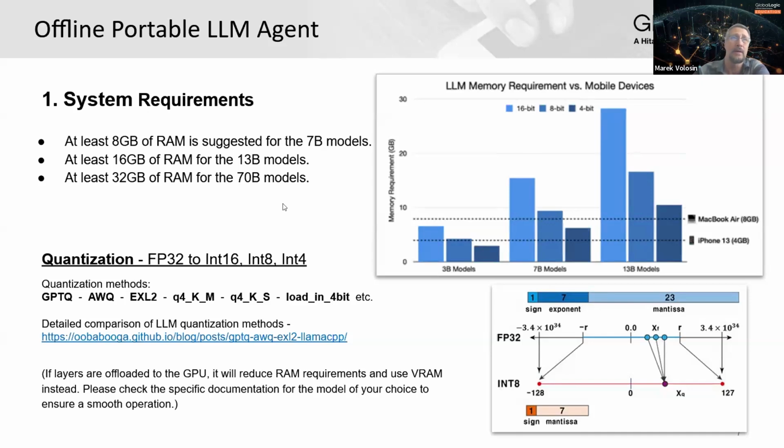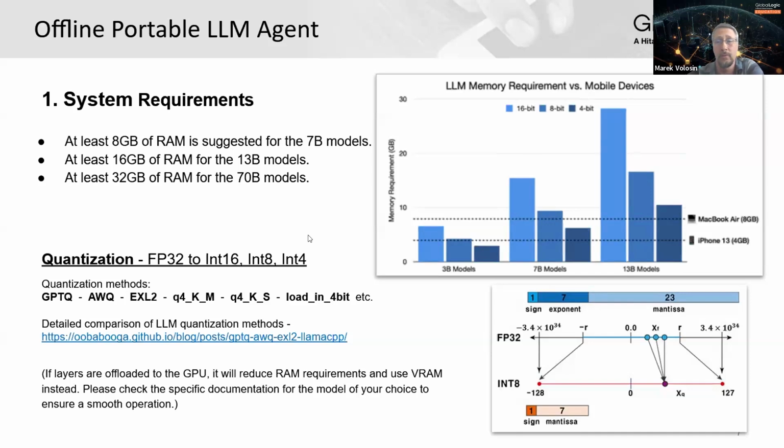Quantization means that a large language model you can imagine like a very big table of numbers, and those numbers are in floating point format. So very big tables, 500 billion numbers in one very big table.